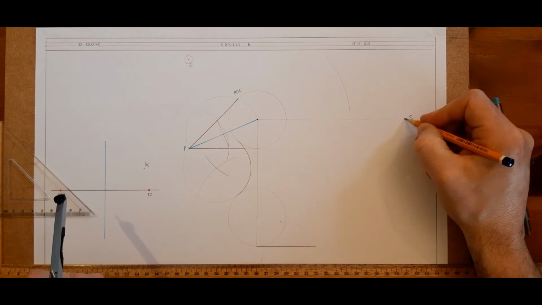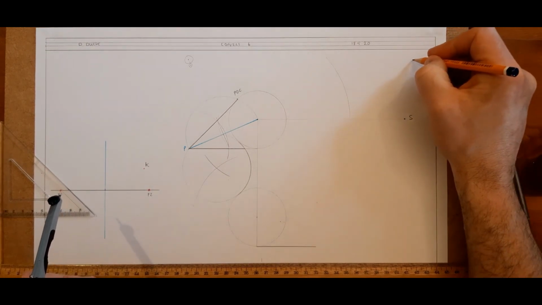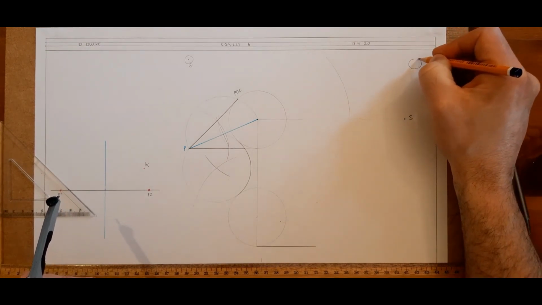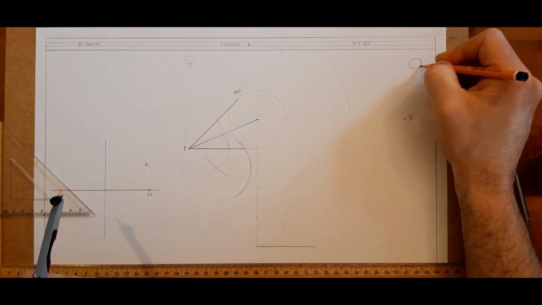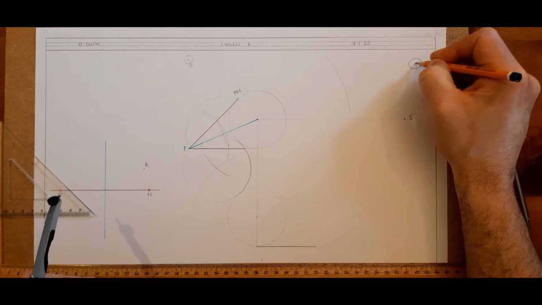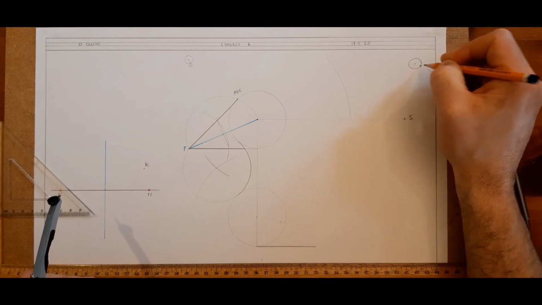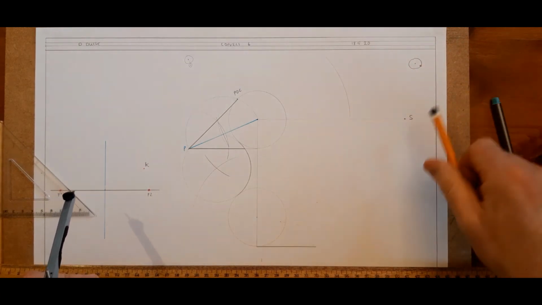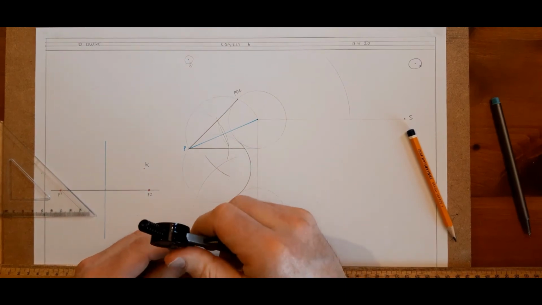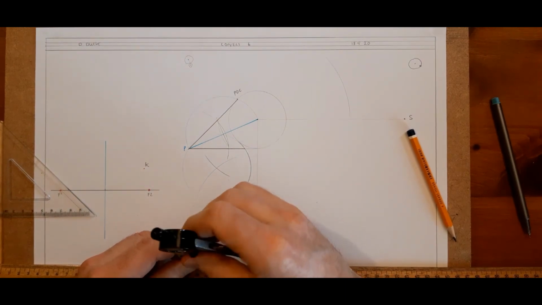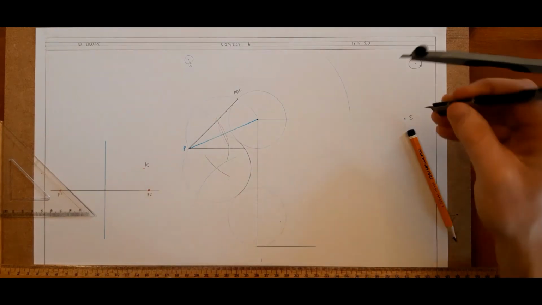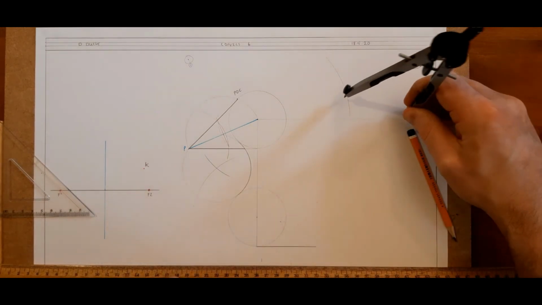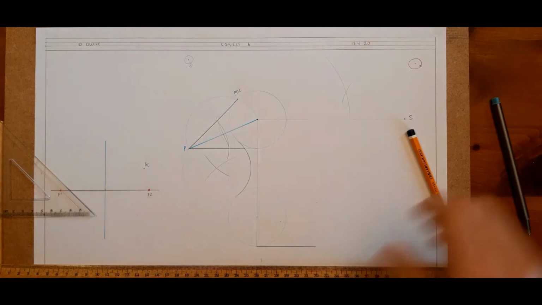Now, I have this point. Now, another fact I know about circles is, if I picked any point on a circle, the distance to the center is the radius, okay? Now, I know it's radius 65, I'm given that in the question. So we can set our compass now to radius 65, please. So set to radius 65, swing an arc there.